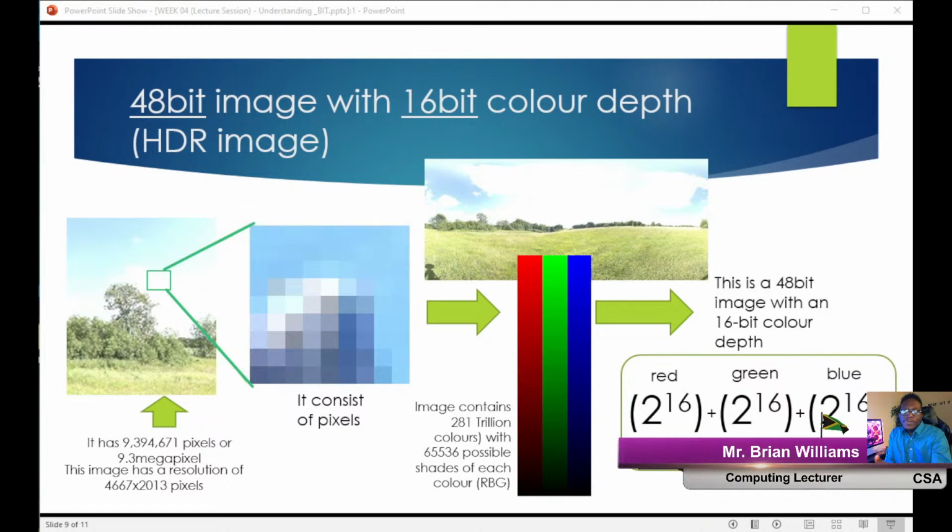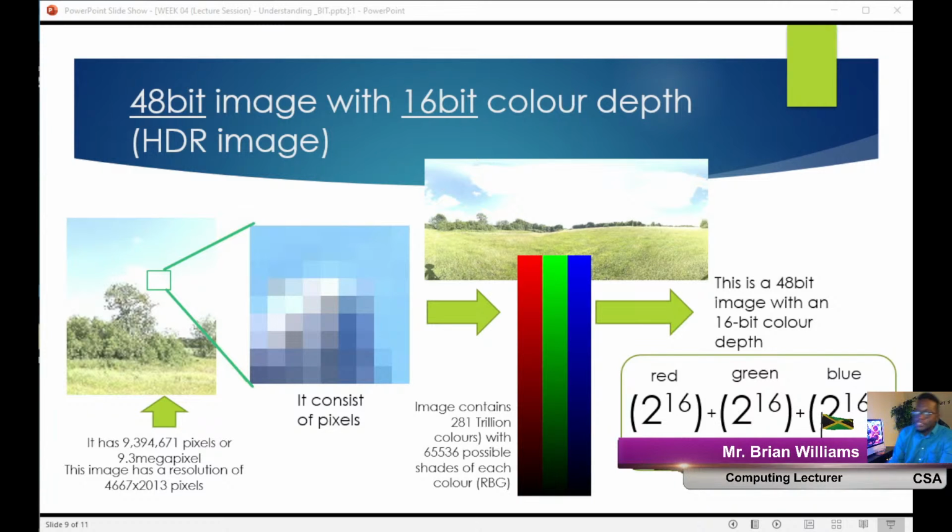It's important that you guys understand what they mean, especially if you're going to use computer graphics a lot. Now, there are images that would say 48-bit. For example, you might go and buy a really expensive camera, and the camera says, hey, this camera can produce 48-bit images at 16-bit color depth.